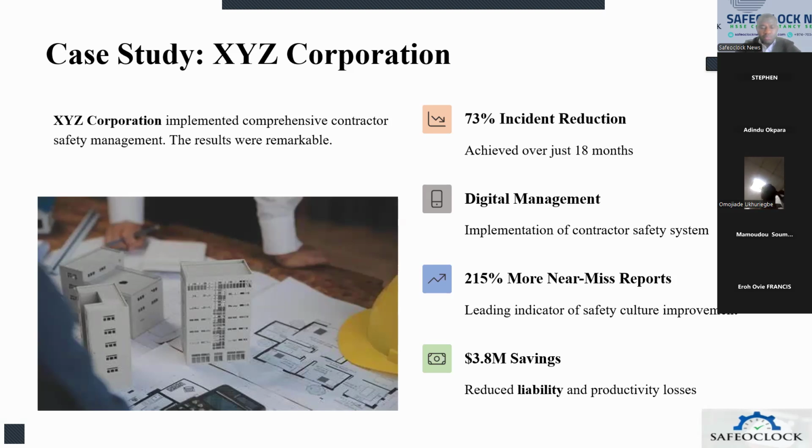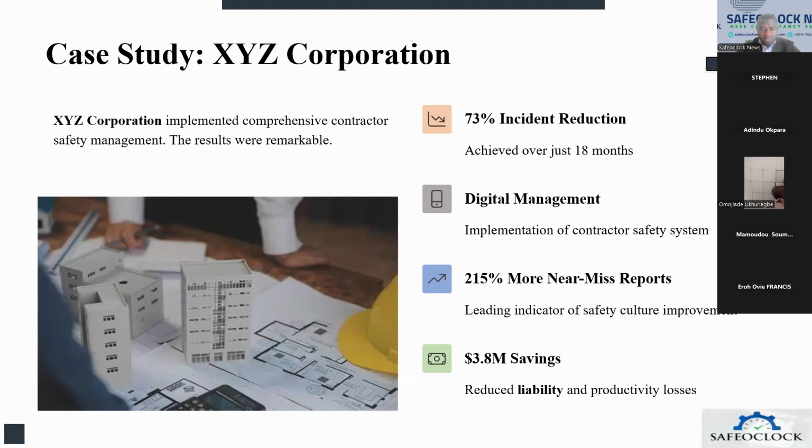This also amounts to about $3.8 million in savings, because when you have fewer accidents, there is reduced liability and insurance premiums will reduce. Fewer accidents mean more productivity, more accidents mean lesser productivity. So it goes on and on like that.